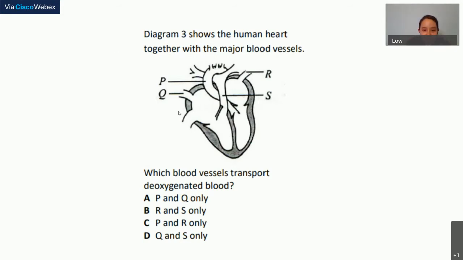Basically this side is your right atrium and right ventricle, and this is the left atrium and left ventricle. So, for the deoxygenated blood, what's the answer? Yes, the answer is D again. Q and S carry the deoxygenated blood.